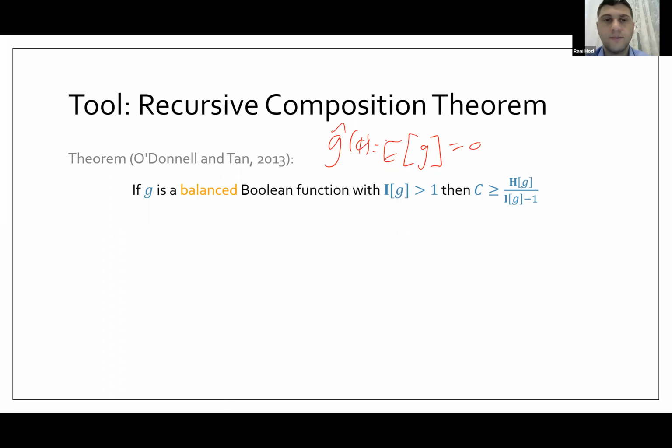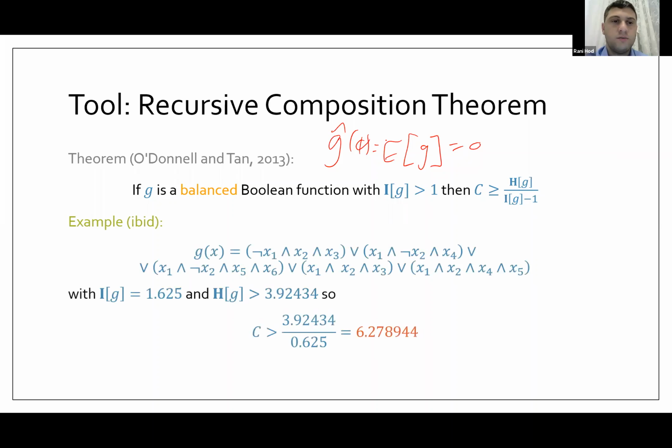This means balanced. If we take such a kind of function, then instead of just getting h of g divided by I of g, you can get a bit better. Every function would give you h over I. If you take such a function, you get slightly better because the denominator is smaller, so the bound that we get is slightly higher.